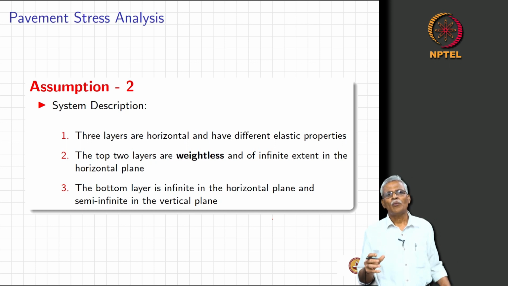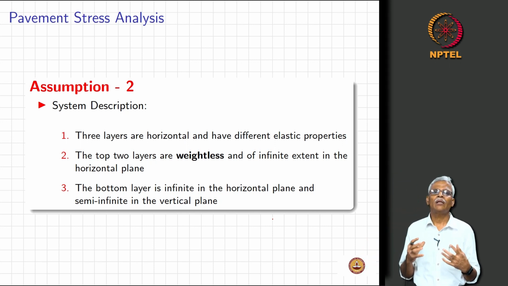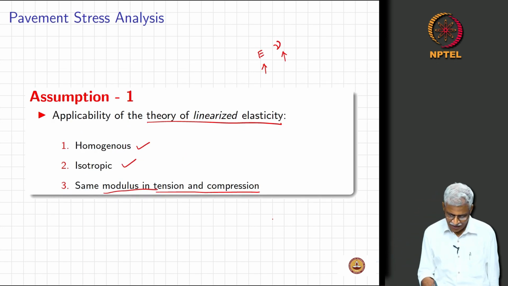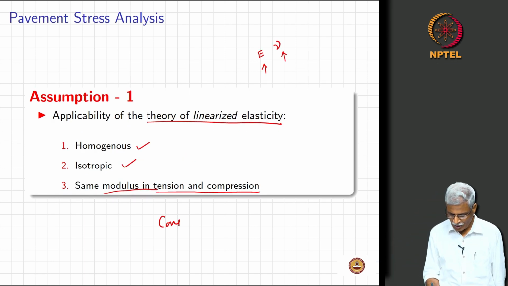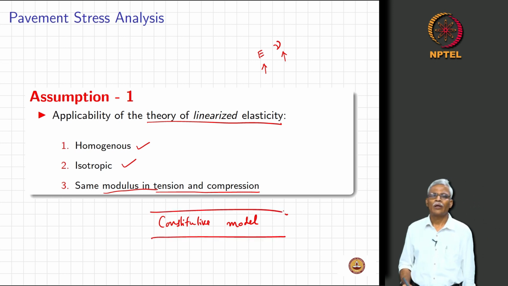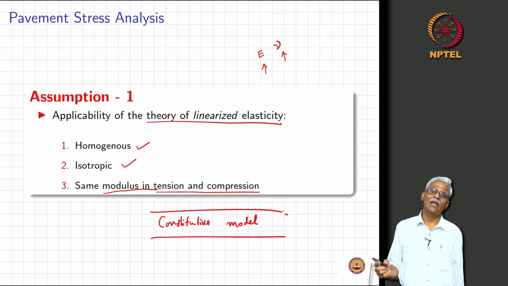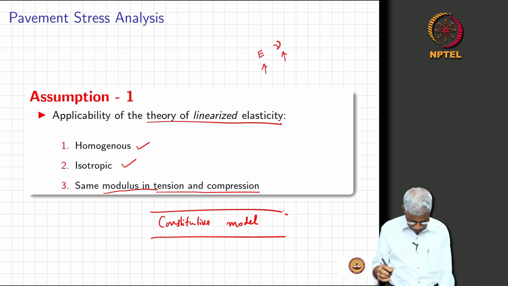This is about the material model that you are going to use, and in fact I will write it here because we will be encountering this later. What is the constitutive model? Okay. Means the relation between stress, strain rate, what not, that is what it is.